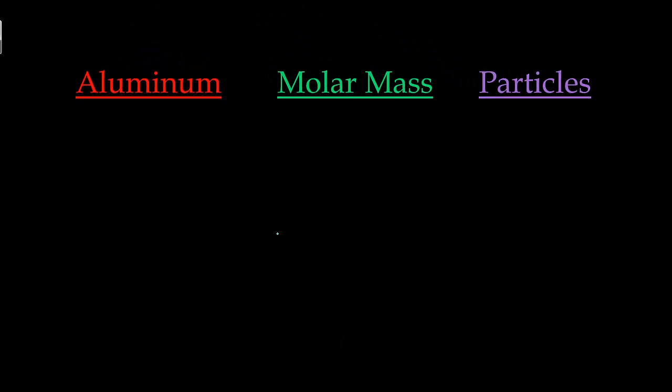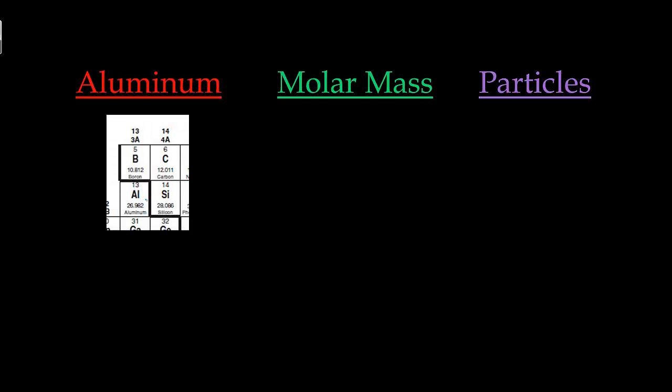So aluminum. We need to find out what the molar mass of aluminum is, and if you remember on the last video, molar mass is the same thing as, for aluminum, atomic mass. And aluminum is right here, and it has an atomic mass of 26.98 grams in 1 mole.